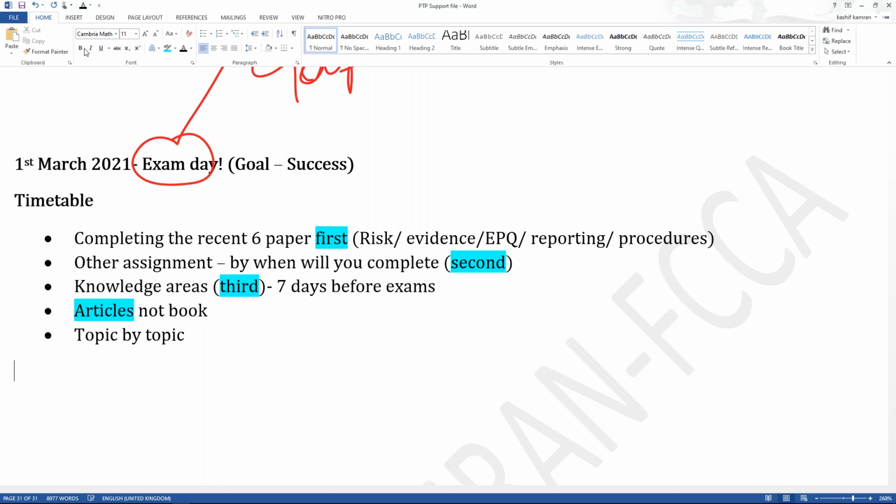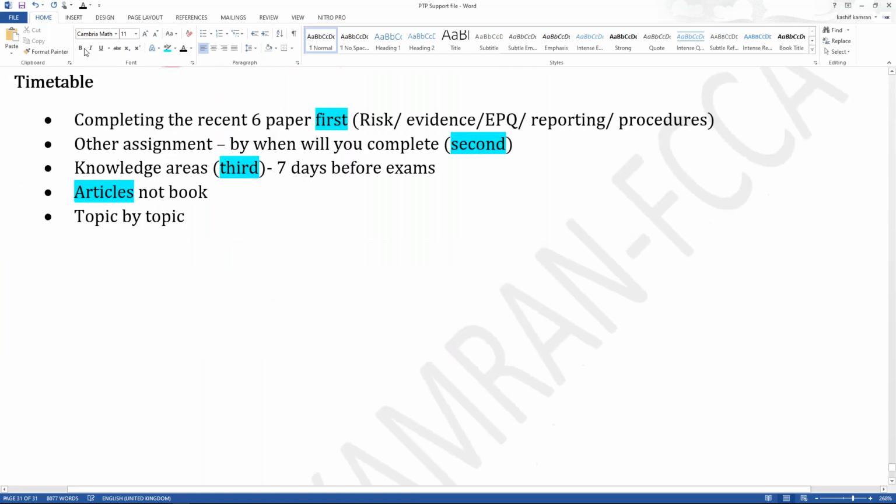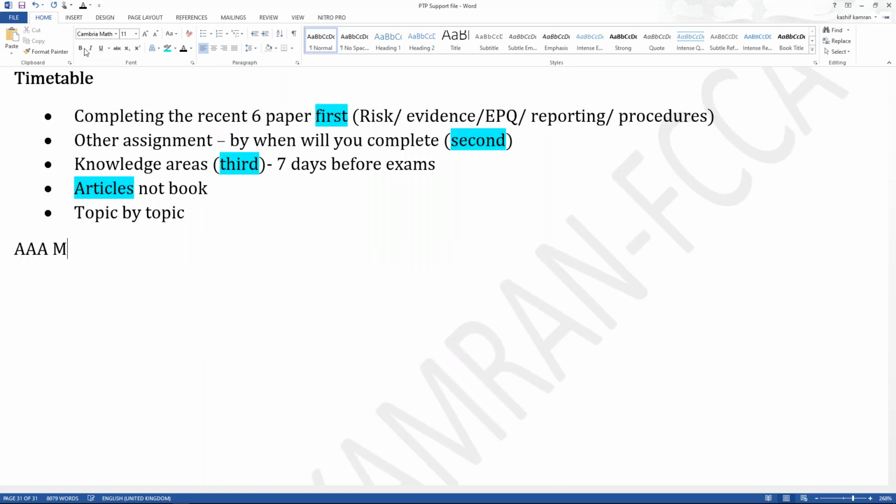You exactly know what comes in question one, you exactly know what comes in section B, so you can plan yourself. Now, ideally, if you look at the AAA March 21 paper, I'm not making the paper, I am just idealizing it. Question number one, question number two, question number three. Even before entering the exam hall, we know that question number one is a question set at the planning stage. Question number two is an open question now.